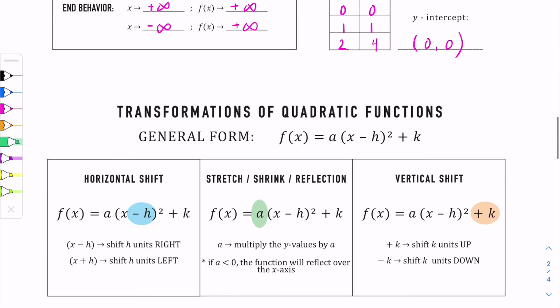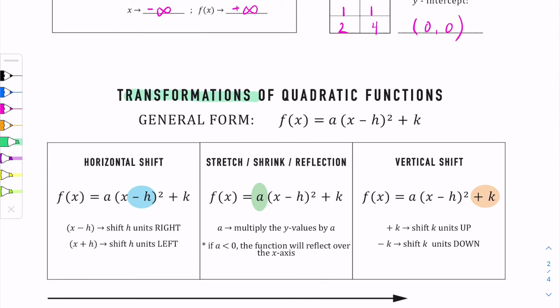So we're going to use the parent function and we're going to perform transformations. You had all of this information back in Unit 2, but a quick reminder, if you have an h value, your h value is going to be your left or right shift.